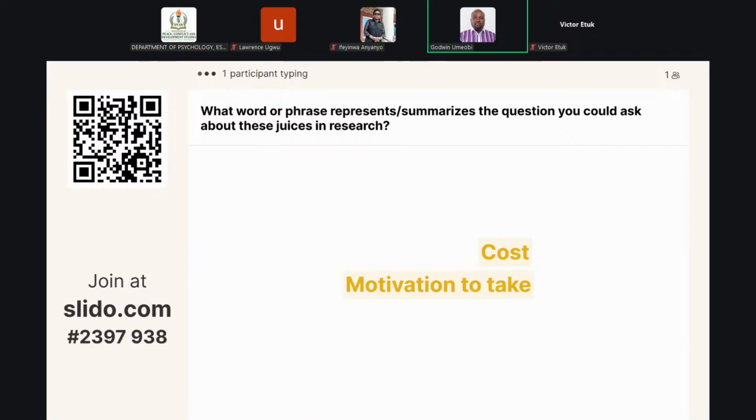Just scan the code and drop any phrase, any word that comes to your mind that describes the question you could ask if you are working with that product.